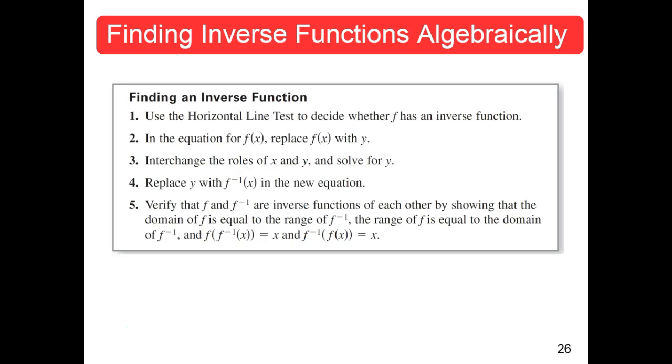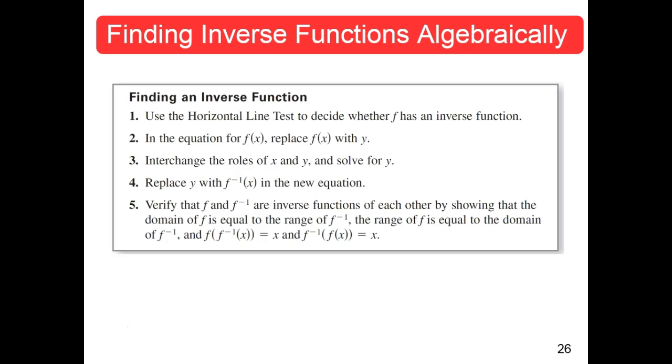So, next step, after you make sure it has an inverse, then just change the f of x to y. That's it. Just replace the f of x with the letter y. Once you've done that, then switch your x's and y's. Make everywhere you see an x a y, and everywhere you see a y an x.